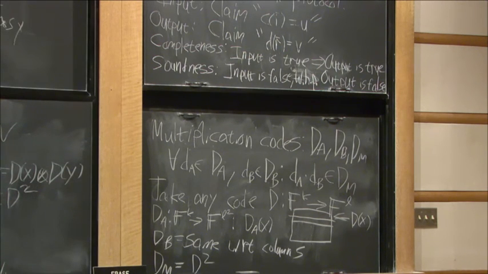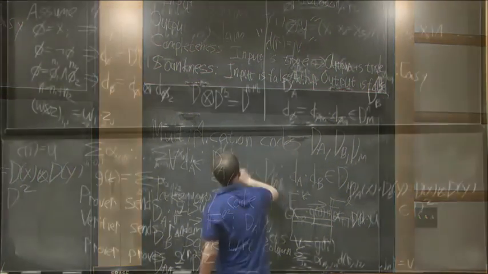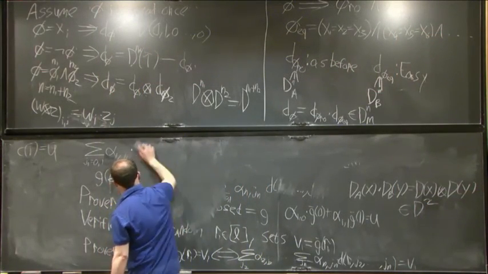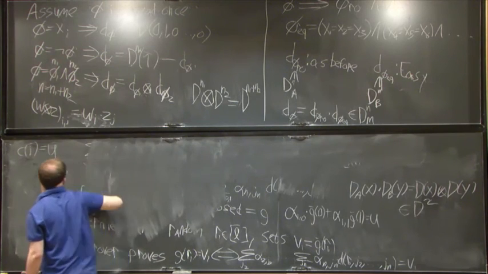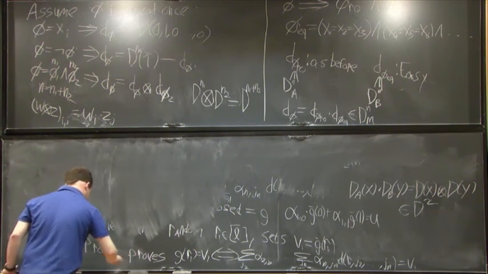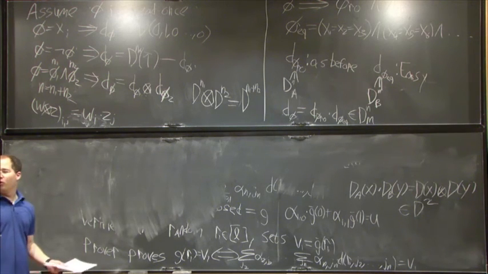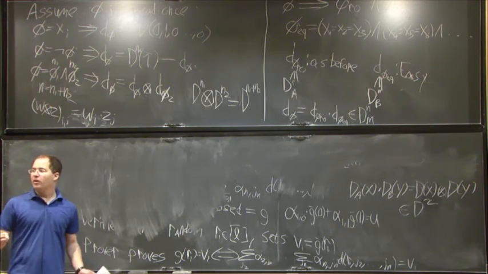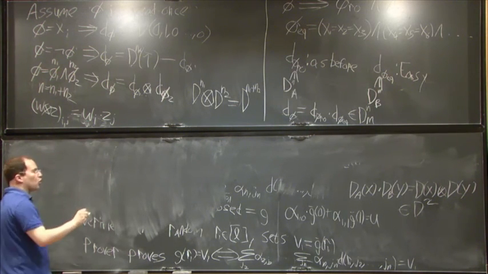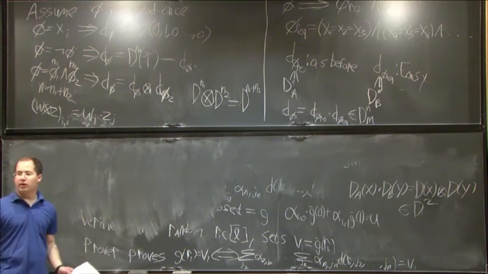So when we are talking about PSPACE, we use a PSPACE complete language, which is called the QBF, quantified Boolean formula. And this means that we have a formula with two kinds of quantifiers: existential quantifiers and universal quantifiers.